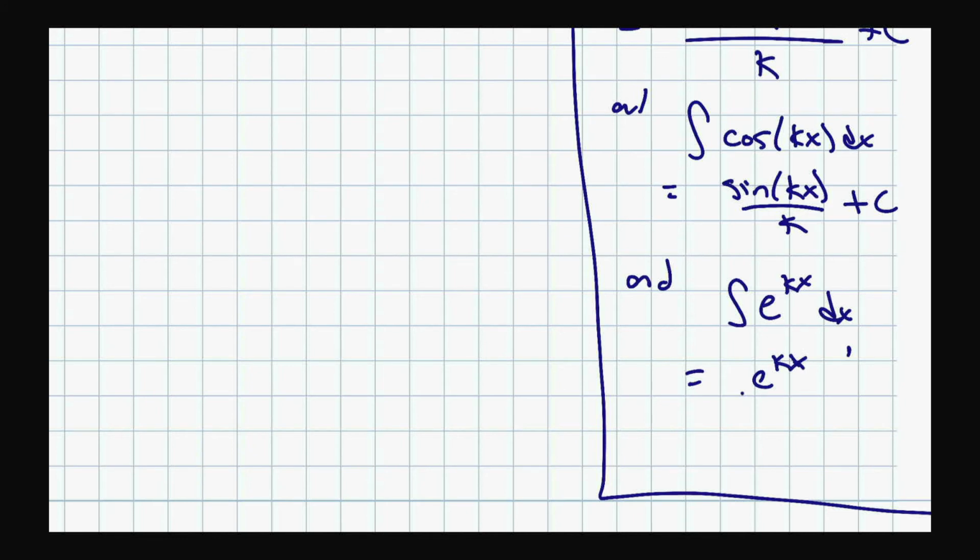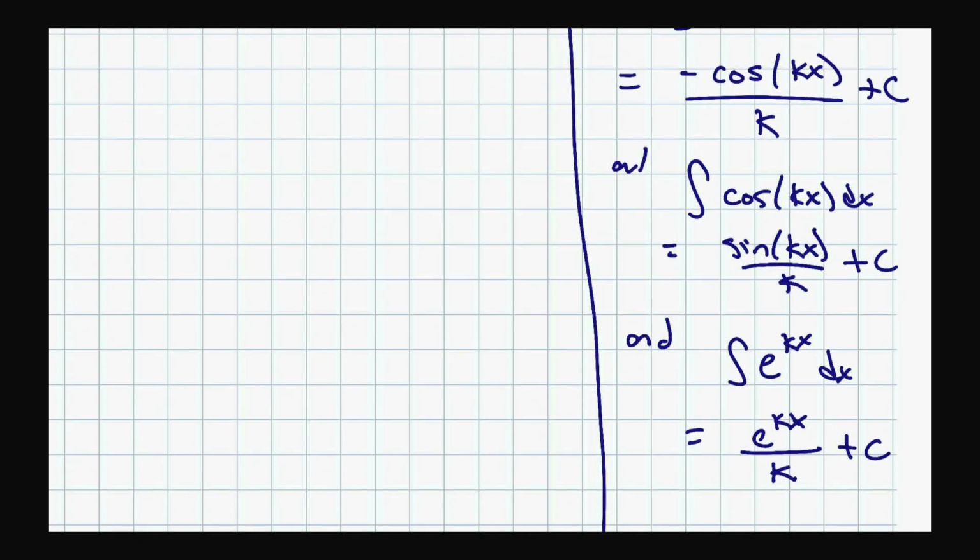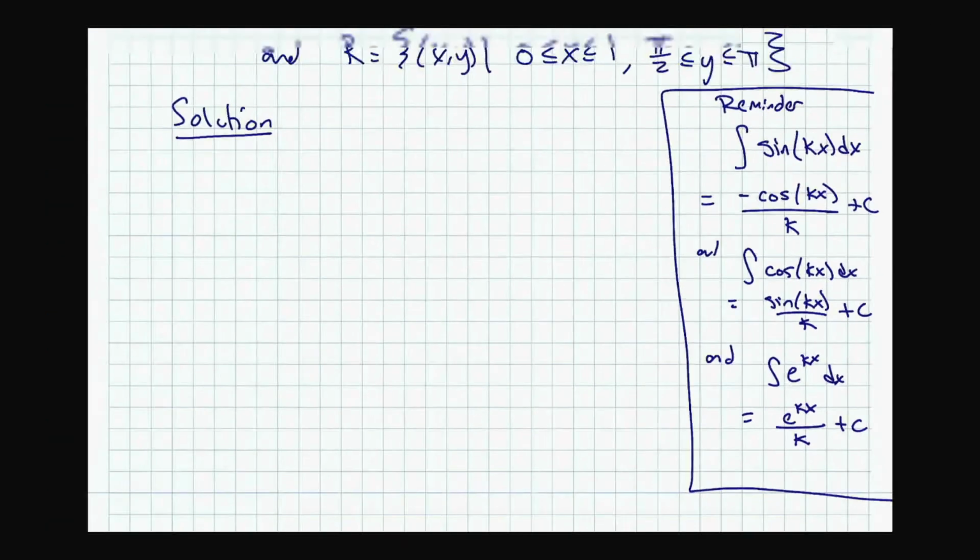What does the k do? It ends up in the denominator. The reason it's always like that is that if you take the derivative of e to the kx, you'd multiply by k because of the chain rule. That k would cancel out that k, and that's how you get back to here. Point is, don't do substitution on those, okay?